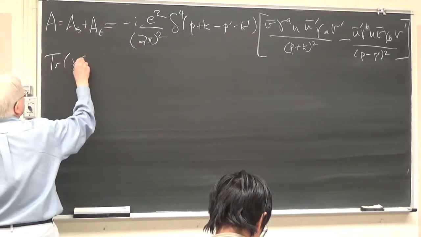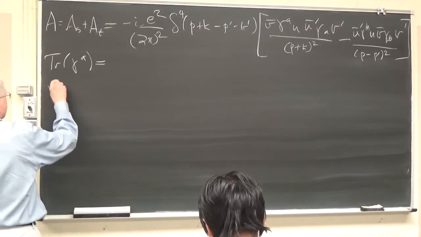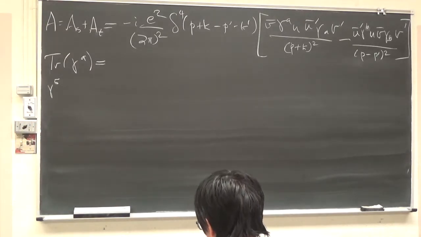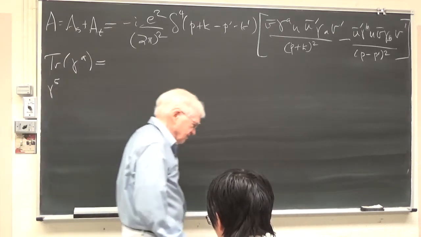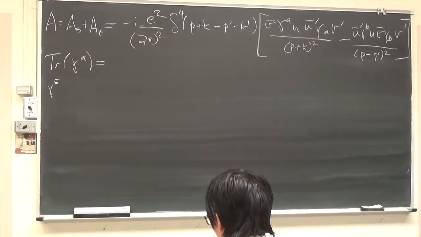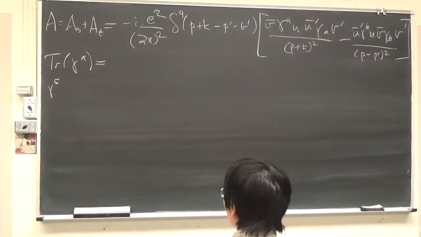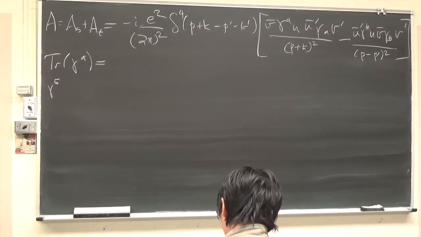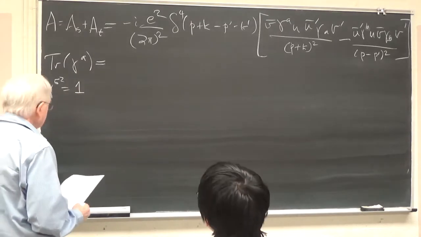First of all, the trace of γ^A. Remember that γ⁵ can be regarded as, or to put things differently, if we were in four space and one time dimension, so we were in 5-dimensional space-time, we could still use the gamma matrices, but we would add one that we should call γ⁴, but instead we call it γ⁵ because sometimes people use γ⁴ for γ⁰. Consequently, γ⁵ squared is 1, and it anti-commutes.